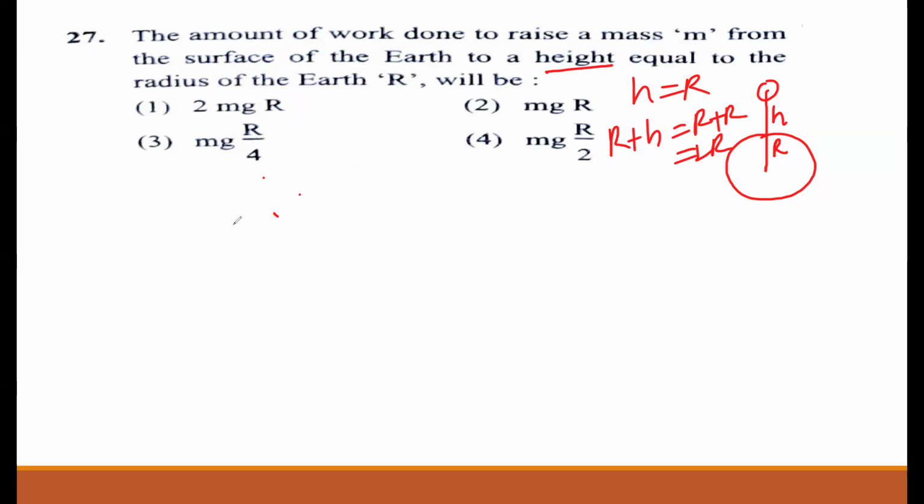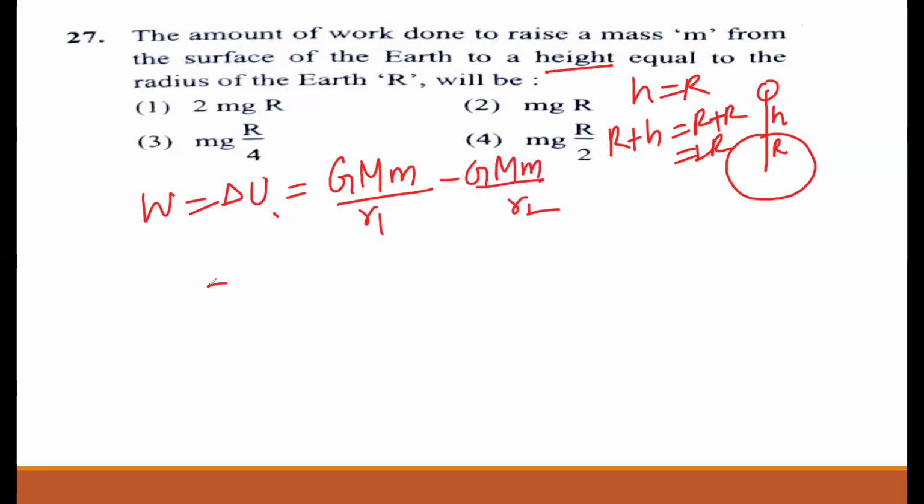Work done would be the change in the potential energy, that is GM times the final value, minus GM by R2. So that would be G M into minus of these values.